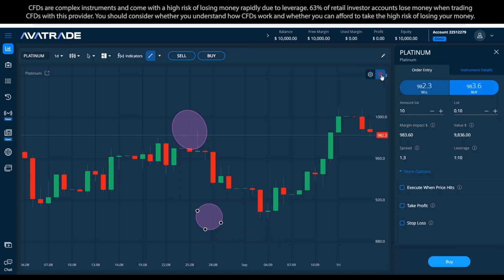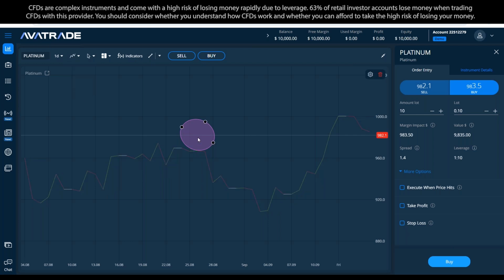As an example, there is a beautiful reversal here where Platinum was unable to break the resistance. If I were looking at it from the line's perspective and not the candles' perspective, we wouldn't see that, and it might direct my analysis differently.